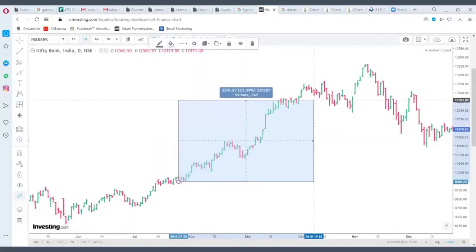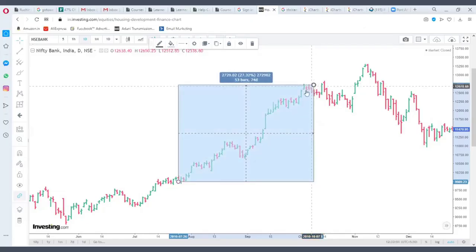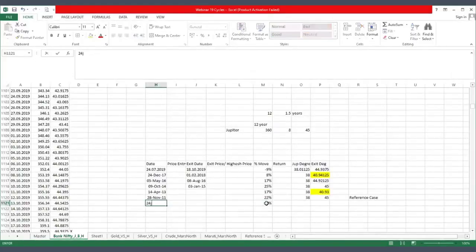Around 8th of October also we are seeing the top. So somewhere here, this could also be taken as top, this could be taken as top. I am even lowering it a bit further, 27% which we see. So I am coming to Excel and we are marking 27%, date was 24th July 2010.